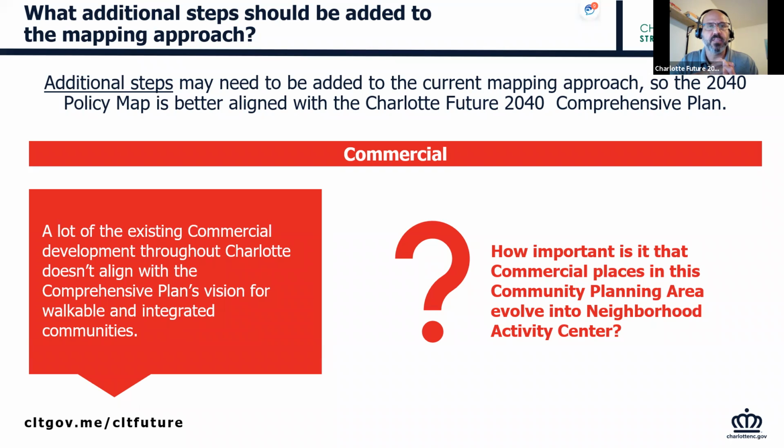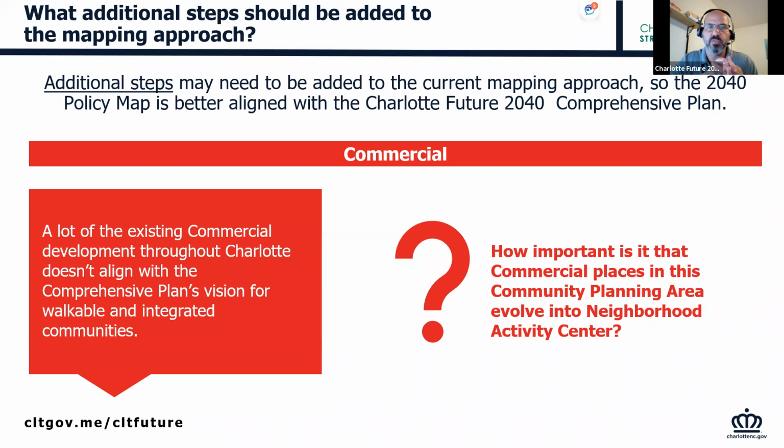After that, we'll start the community planning process, going back to these geographies and doing a deeper dive into more specifics. It's not just looking at place types, but also at the other policy recommendations in the plan, and at more specific projects and programs, along the lines of what the area planning process was before.